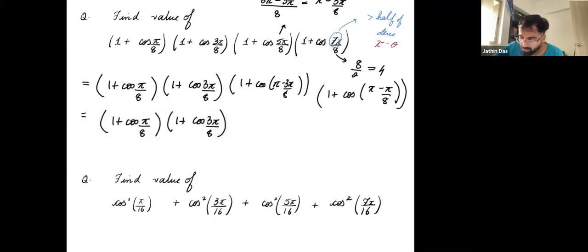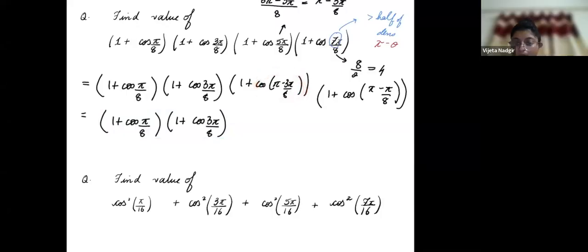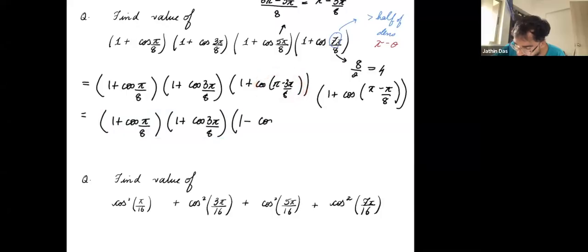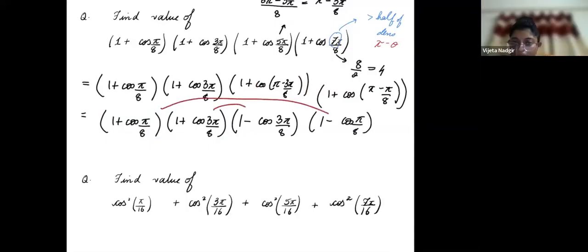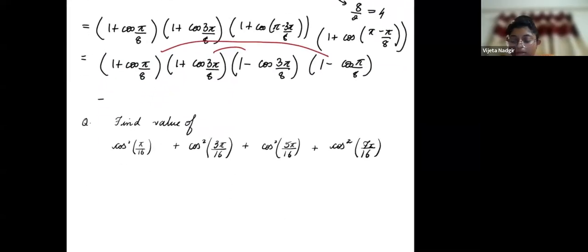Okay. Now, what is cos 180 minus theta? Minus cos theta. So it will be 1 minus cos 3 pi by 8. And this also will be 1 minus cos. You can club these two together and these two together. A plus b into a minus b will come. Okay.